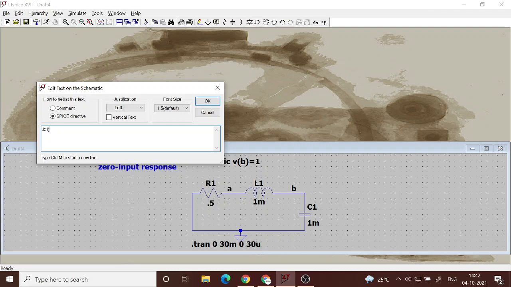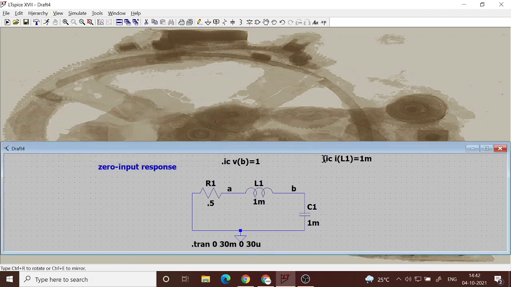There are two energy storing elements, one is the inductor, the other is the capacitor. So I insist that the voltage on the capacitor is this and the current through the inductor is this. Let me say the current through the inductor is equal to 1 milliampere. So two initial conditions: voltage on the capacitor is 1 volt and current through the inductor is 1 milliampere.